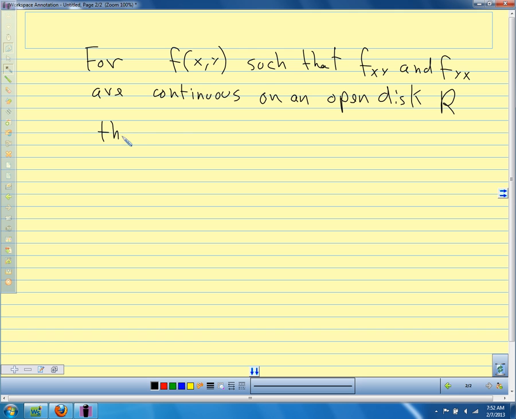Then our second partials are equal, only on the open disk. Every point in R. So if our mixed partials are continuous everywhere, then the mixed partials are going to be equal everywhere. But if we have to constrain it somewhere, if they're discontinuous outside of some region, then they would only be equal inside that region.